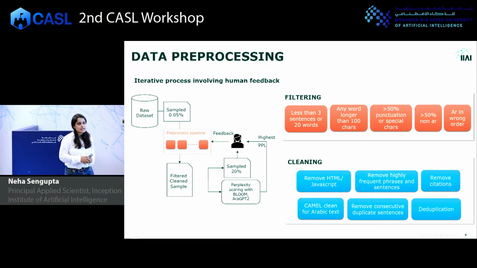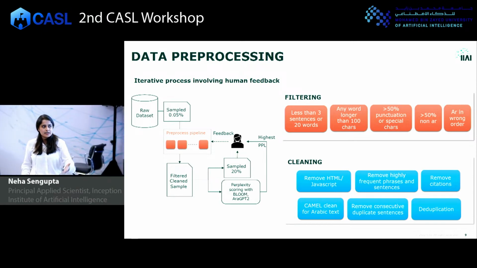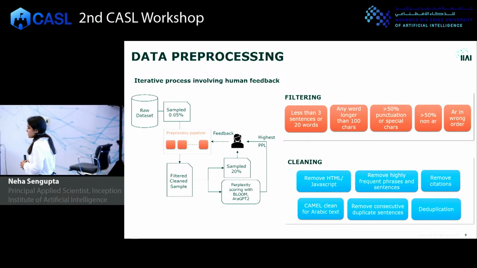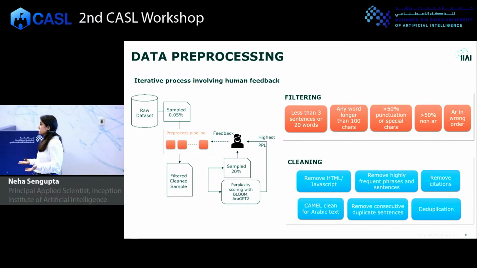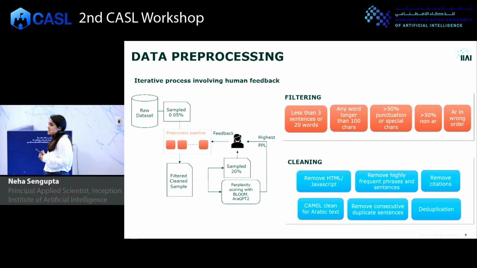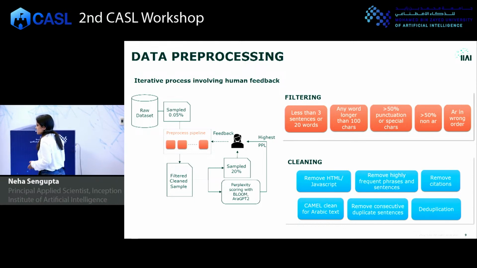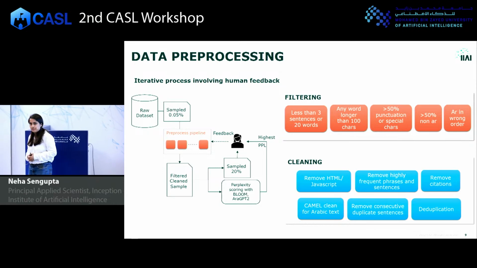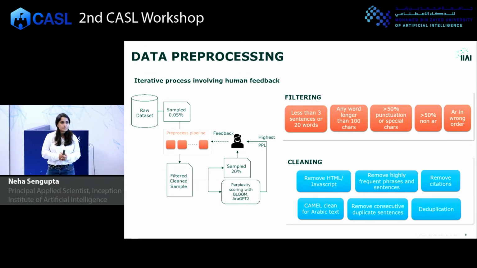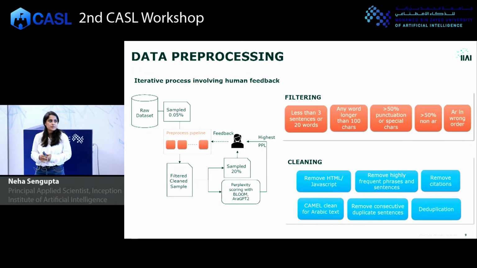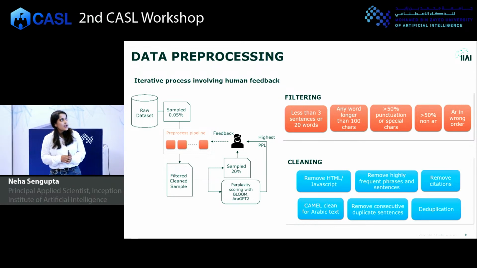Then we have these kind of things like removing highly frequent phrases and sentences. For example, if your data is from news channels, then the name of the news channel, or the name of the person writing the news article comes up very often across many documents, right? Kind of like the TF-IDF principle, if you will. So we remove all these frequent phrases and sentences.